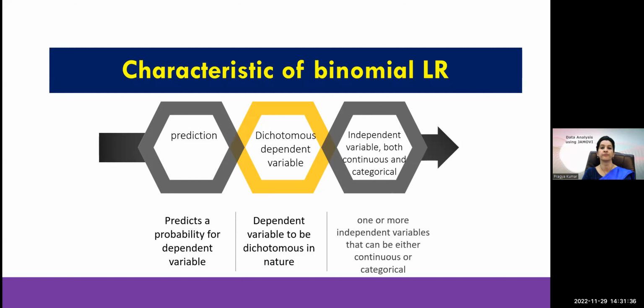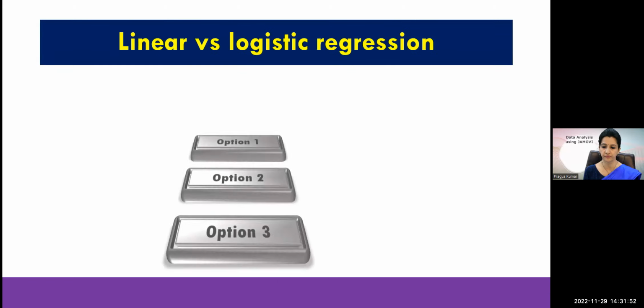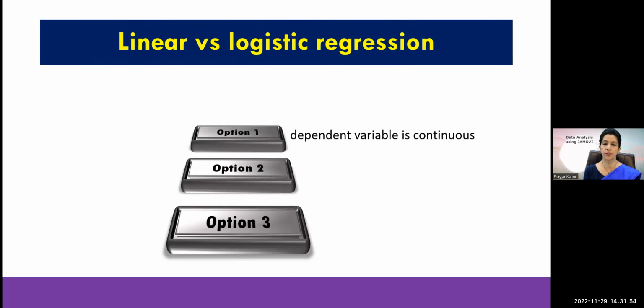This is a binomial logistic regression, which predicts the probability of a dependent variable, and the independent variable can be continuous or categorical. So you know linear versus logistic regression.